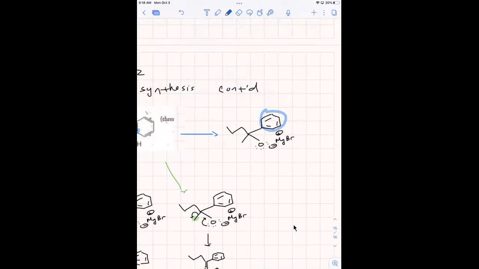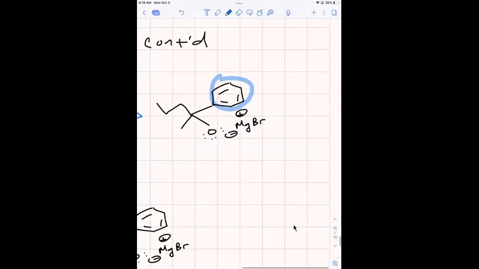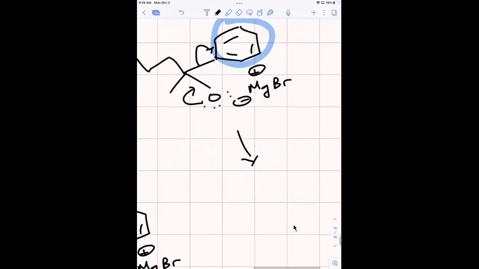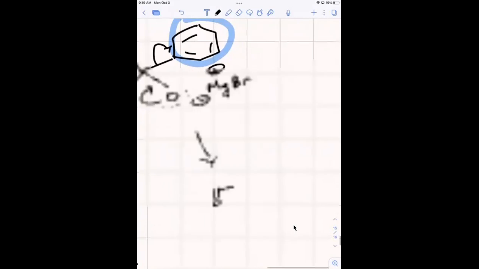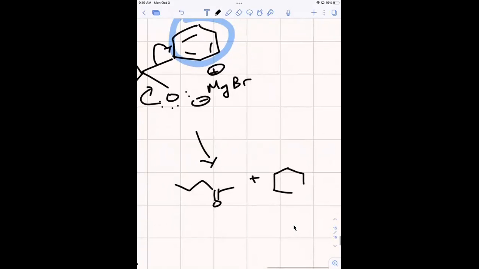It just depends on what you need and what you're trying to do. So here is going to be the same thing. I'm going to do this, where I end up with this as my ketone, plus this, plus that, right?